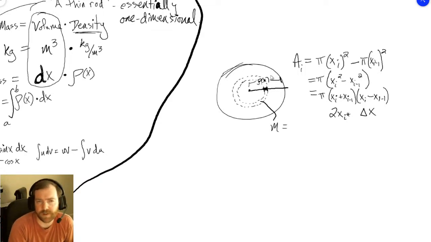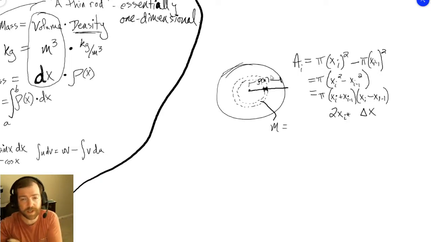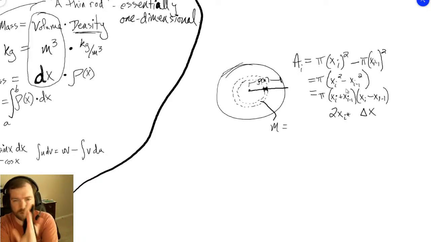Because these are infinitesimally close to each other, it doesn't technically matter which point you pick between those two endpoints, but the easiest way is just to average the two out. If you add the two endpoints, it's more or less the same as if you add two center points. And again, if it's infinitesimal, it technically doesn't even matter.